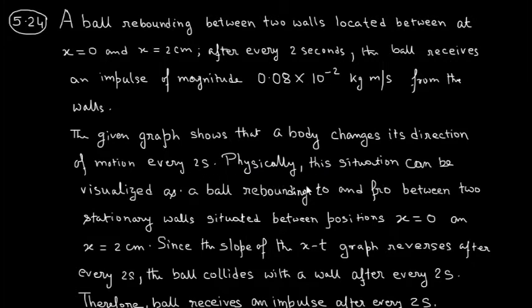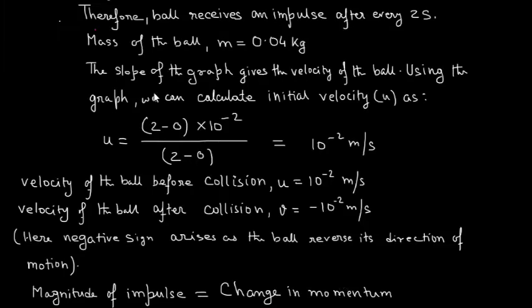Physically, this situation can be visualized as the ball rebouncing to and fro between two stationary walls situated at the position x equal to 0 and x equal to 2 centimeter. Since the slope of the x-t graph reverses after every 2 seconds, the ball collides with the wall after every 2 seconds. Therefore, the ball receives an impulse after every 2 seconds.